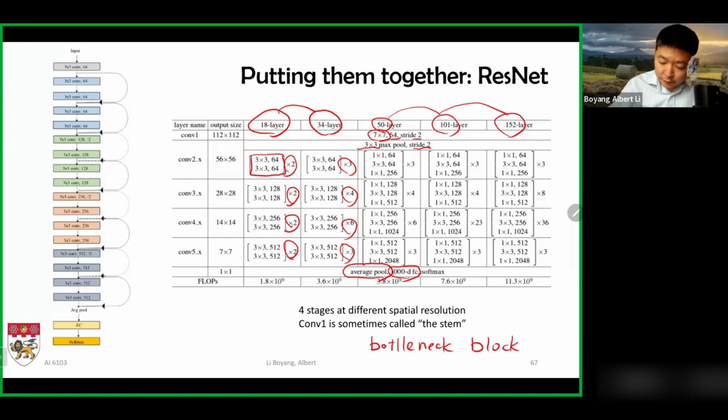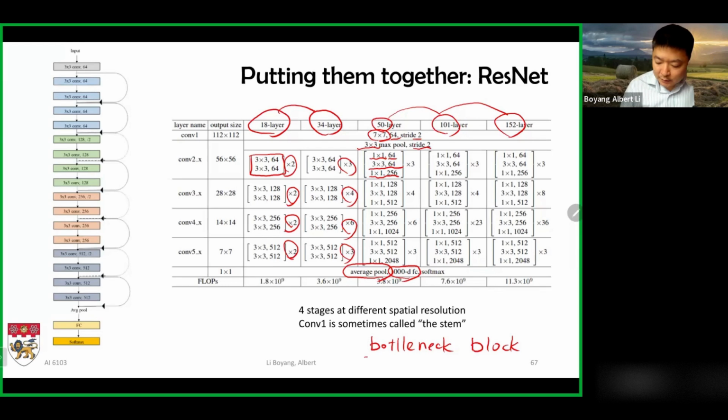So it starts with a 1-by-1 convolution that reduces the number of channels to 64. And at that 64 channel, we apply a 3-by-3 convolution operation. So the kernel filter size is 3-by-3. And after that, we restore the original channel count back to 256 using another 1-by-1 convolution layer.